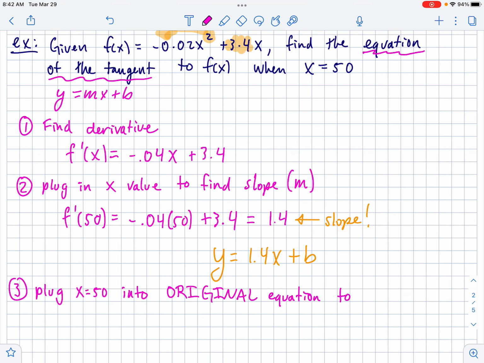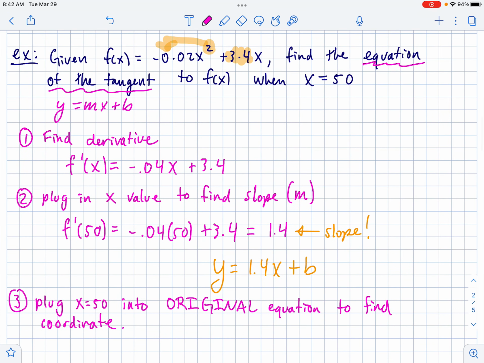and this is the one that people struggle with. We're going to plug the x equals 50 into the original function to be able to find the coordinate that the tangent touches on the curve. So this right here, this is your coordinate machine.